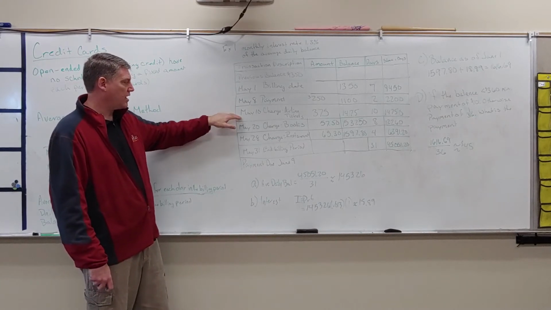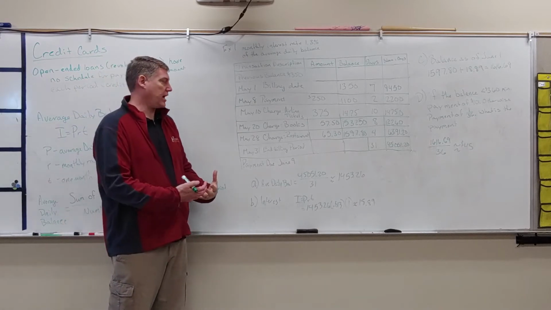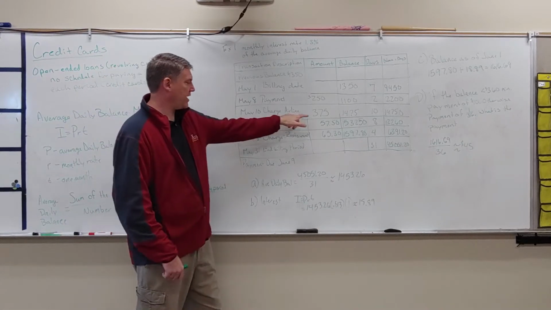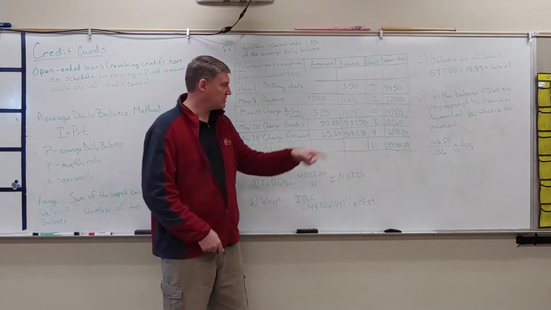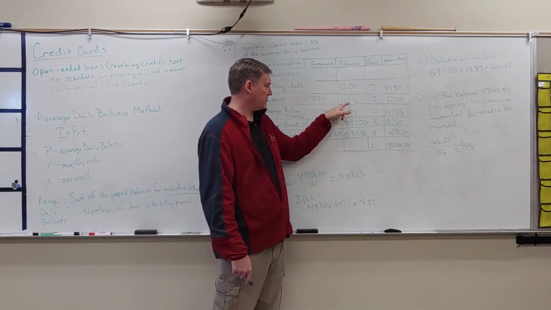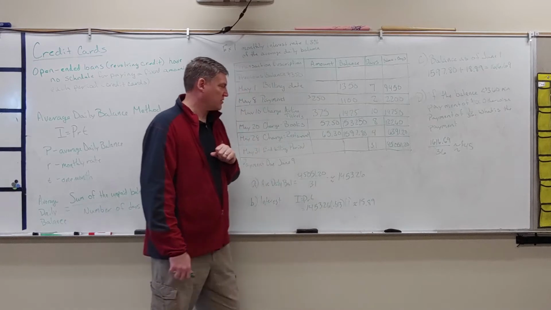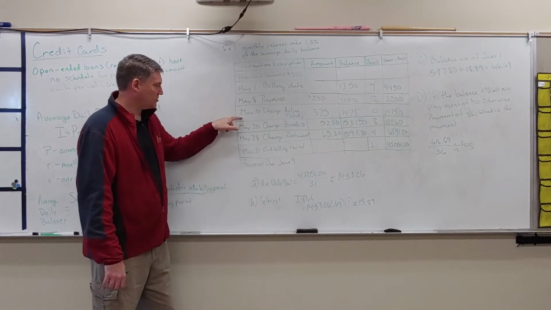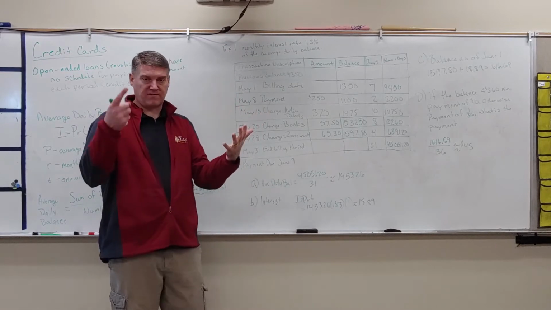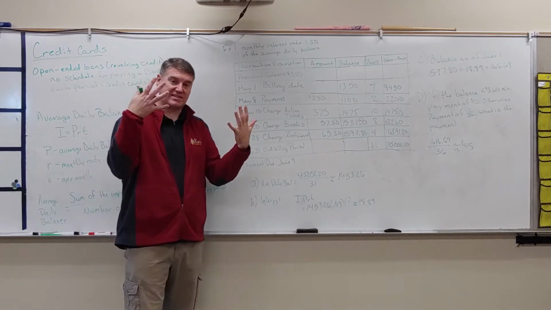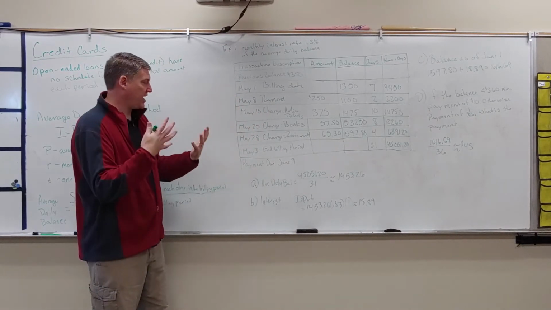That's 2 days. On the 10th, it had a new charge with airline tickets of $375. I add that to my previous balance of $1,100 for $1,475. It was the 10th, 11th, 12th, 13th, 14th, 15th, 16th, 17th, 18th, 19th, so 10 days.